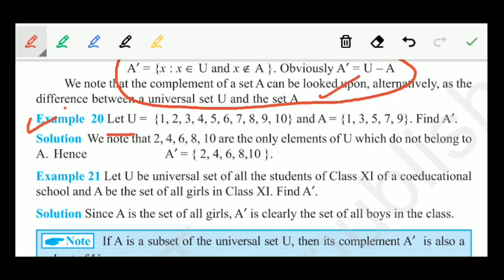So what is the complement of A? The answer is very simple: the elements which are not part of A but are elements of the universal set. So what are left? 2, 4, 6 and 8. So A dash has these elements and it is known as the complement of set A.